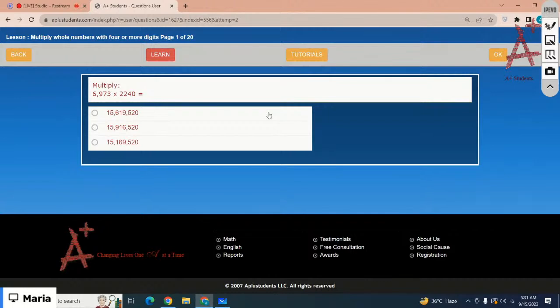Long multiplication. Which is the correct option?